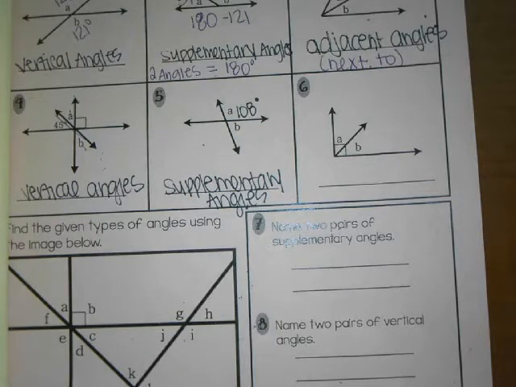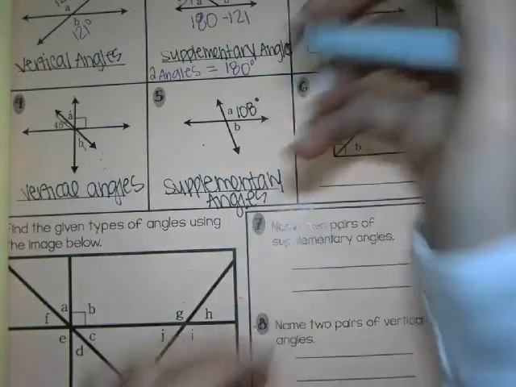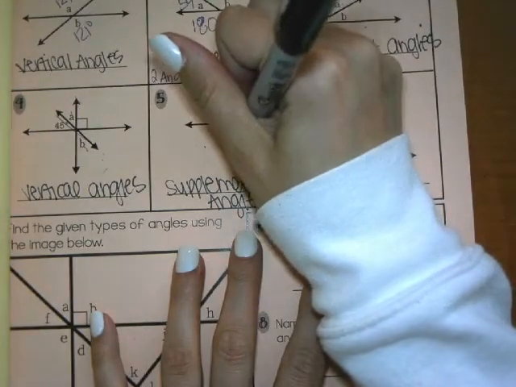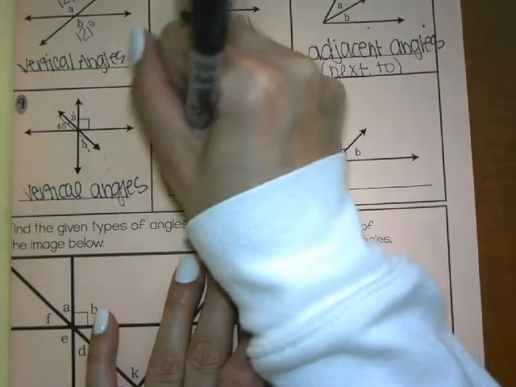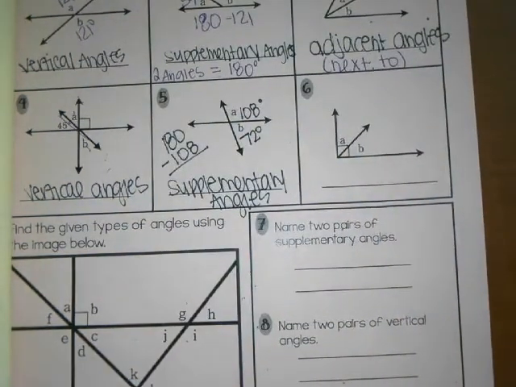What'd you guys tell me? 72. How'd you get that? 180 minus 108. Does that make sense? Questions on that?